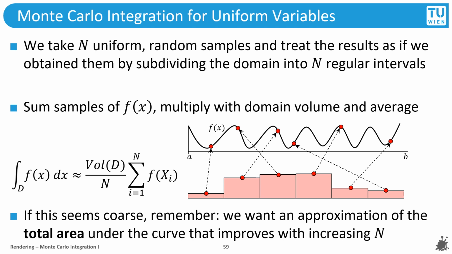So again, we can see each sampling location as represented by a rectangle with one side length defined by the domain volume over n and the other by the value of f of x at the sampled location.